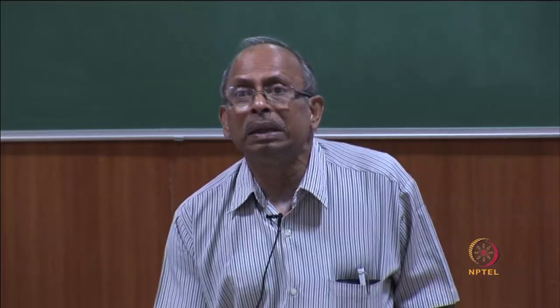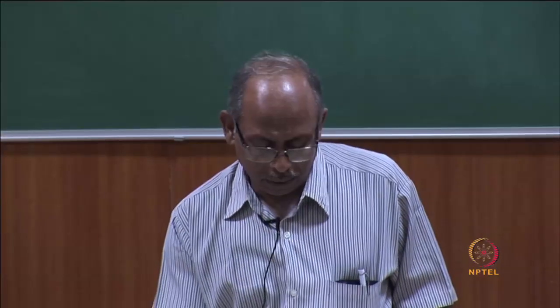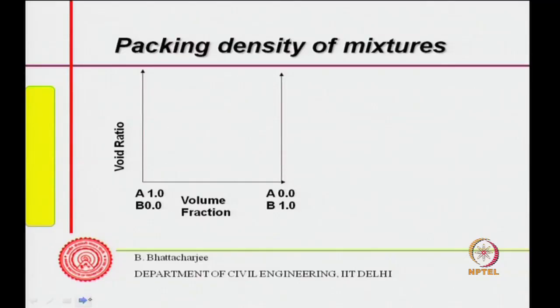And we talked about binary mixtures, and we said that if we have two aggregates A and B, we mix them in some proportions of their volume, say A varies from 1 to 0 and correspondingly B varies from 0 to 1.